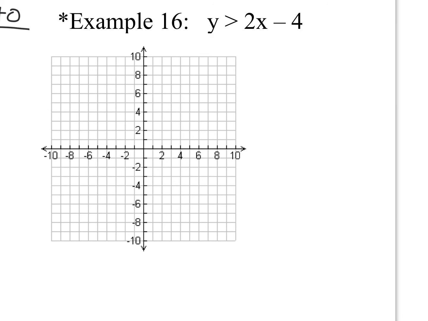Alright, now why I didn't give you too much time on this one is because it's already in y-intercept form. So here we go. Negative 4. Slope's 2 to 1. Okay, now looking here, no solid line, so dotted line here.